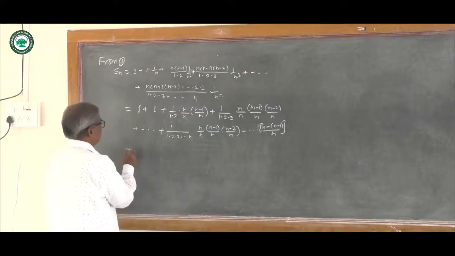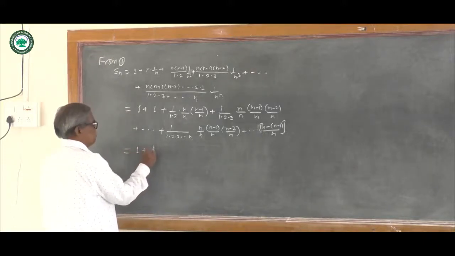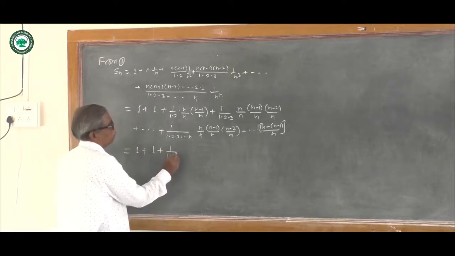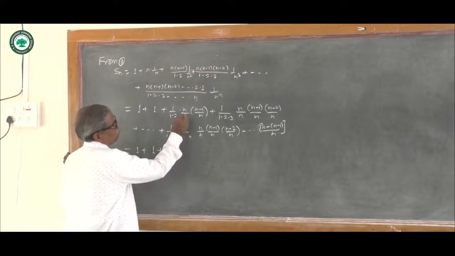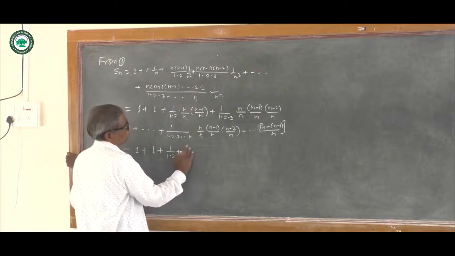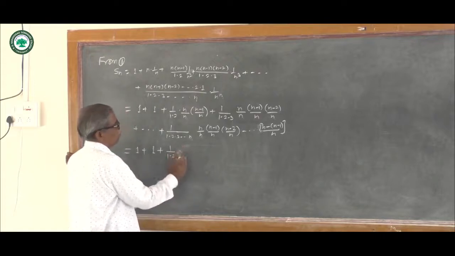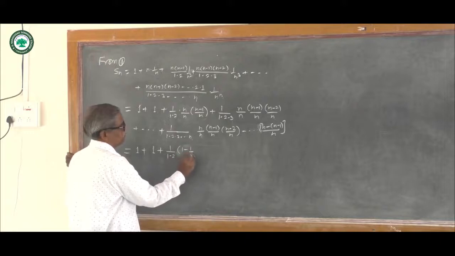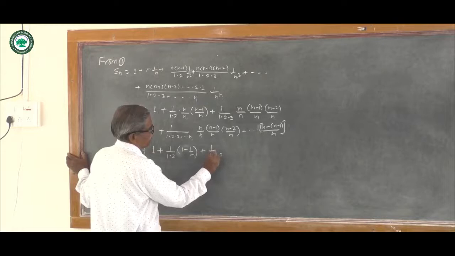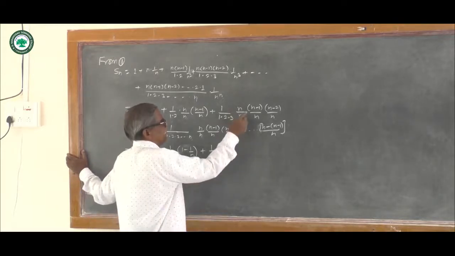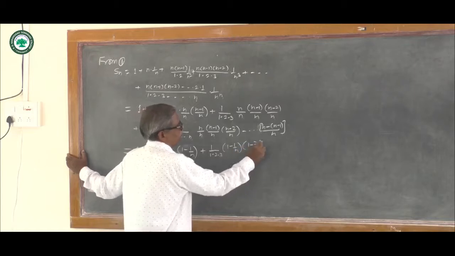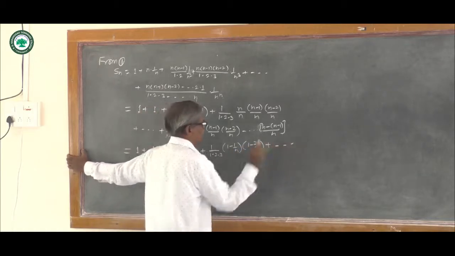This is equal to 1 plus 1 plus 1 upon 1 into 2, and n by n cancels, n by n is 1. Therefore, 1 minus 1 by n. Next term, 1 upon 1 into 2 into 3, n cancels, 1 minus 1 by n into 1 minus 2 by n, plus and so on.